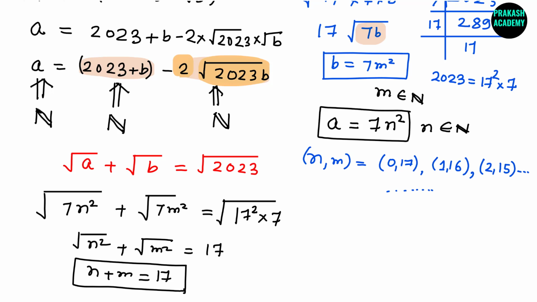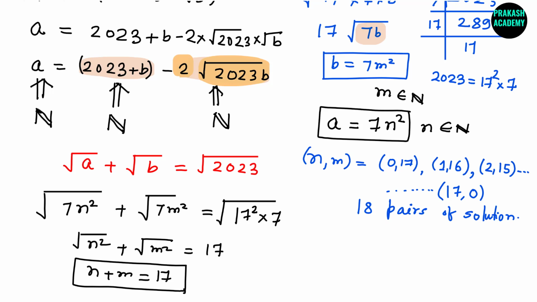So finally n can be 17 and m can be 0. So how many solutions? We will have from 0 to 17, that is 18 pairs of solutions possible.